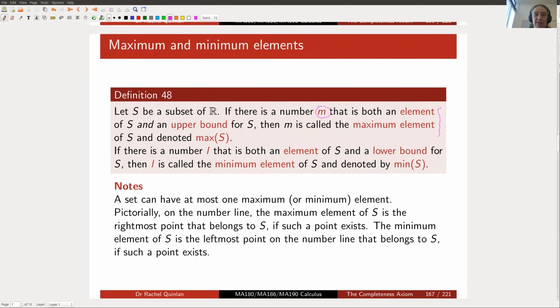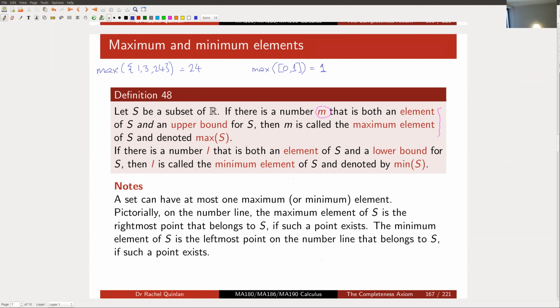If you take the closed interval from 0 to 1, that includes all real numbers that are at least equal to 0 and at most equal to 1, including both 0 and 1 themselves. The greatest element there is 1. So 1 is an upper bound for that set because nothing in that set is to the right of 1 or is greater than 1. 1 is also an element of the set. Okay, so it's the maximum element. It's greater than any other element in the set.